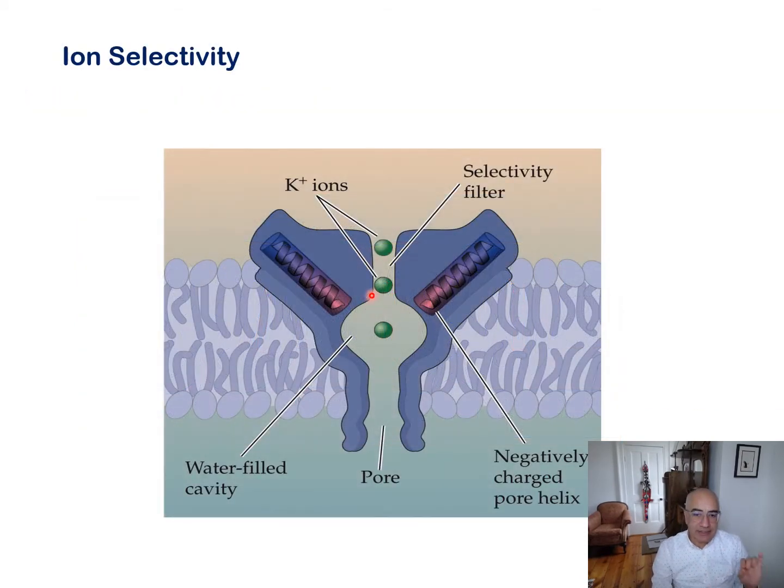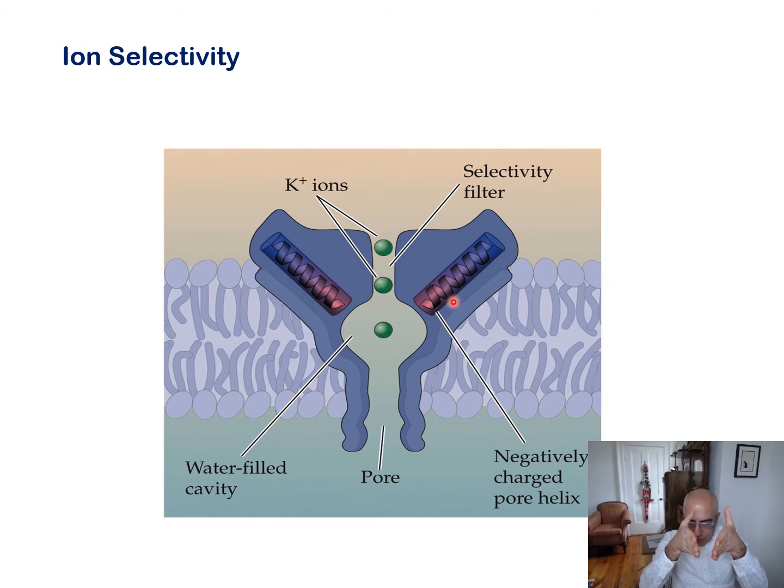Ion selectivity, on the other hand, refers to the fact, not that the channel is open or closed, but that this channel, this pore in the middle, only allows certain ions to go through. The channel does this by having a selectivity filter, which is really a collection of amino acids in the protein structure of the channel.